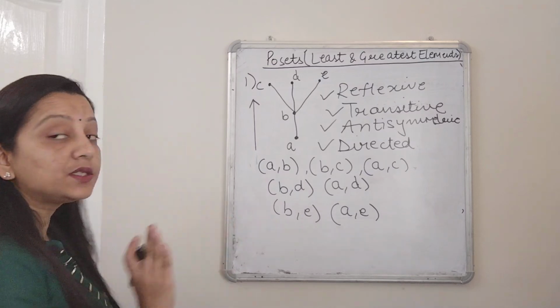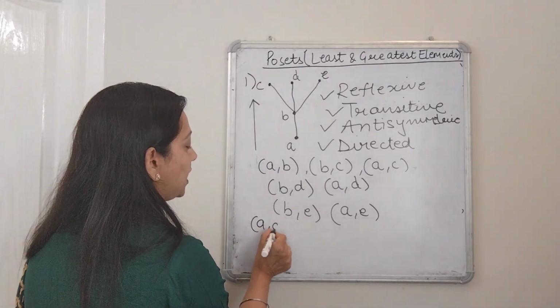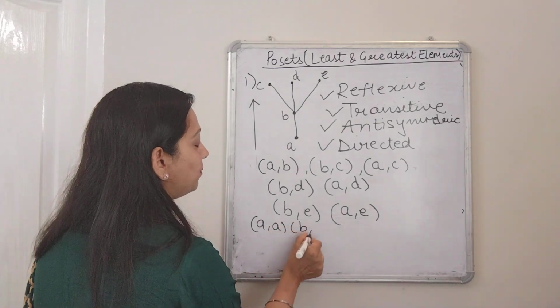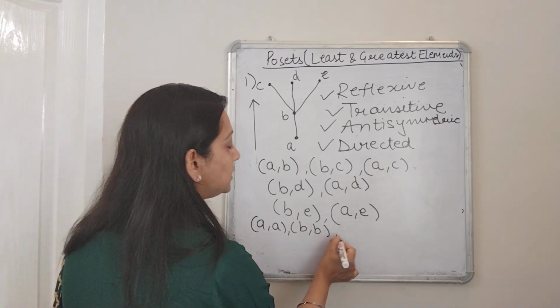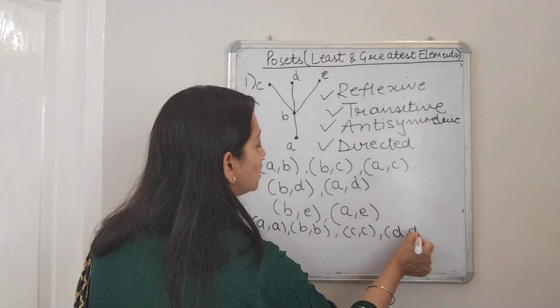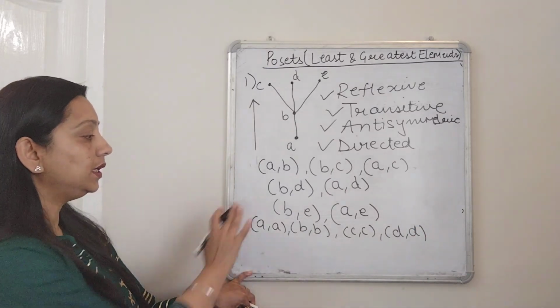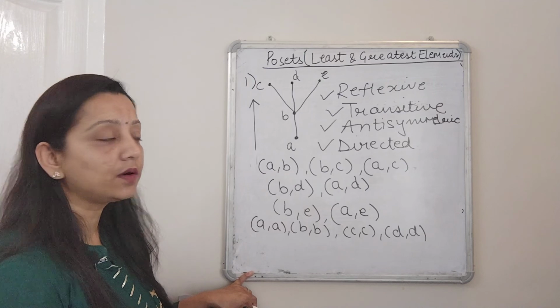Now it is reflexive also, so the ordered pairs AA, BB, CC and DD would also exist. So these are all the pairs that exist in this Hasse diagram.